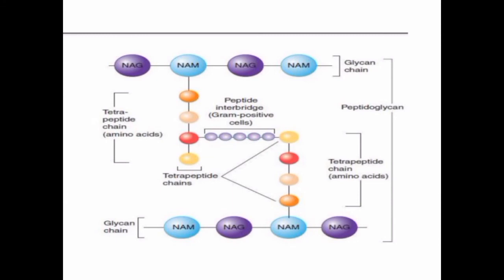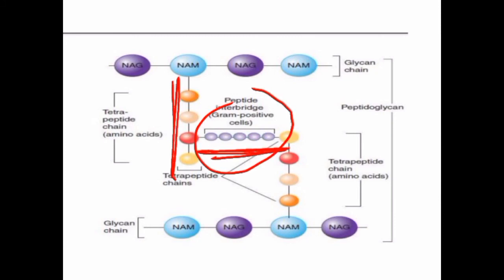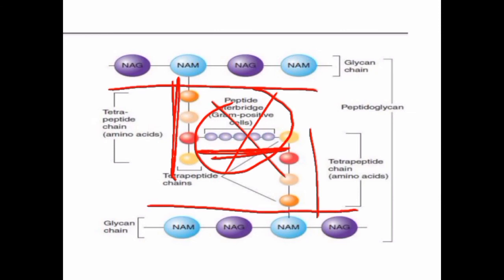So penicillin, cephalosporins, and vancomycin-like drugs inhibit the synthesis of peptidoglycan by inhibiting this transpeptidase that makes the cross-link between the two tetrapeptides. If this cross-link is not present, the structure will be broken, meaning these two backbones will not be connected to each other. Then what happens? The water will enter the cell and the cell will burst.